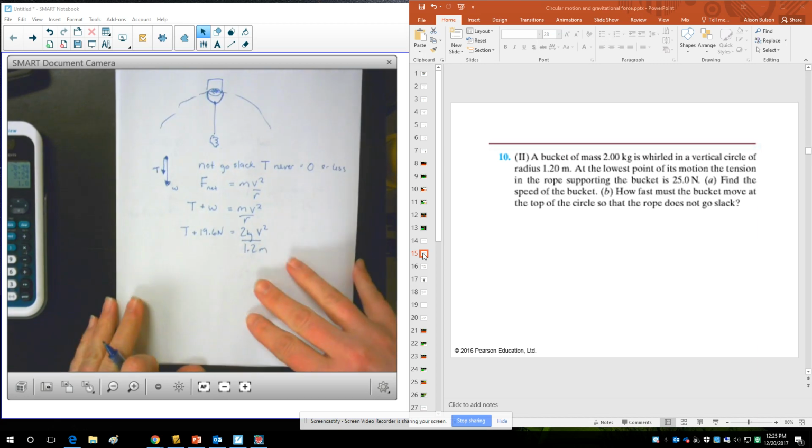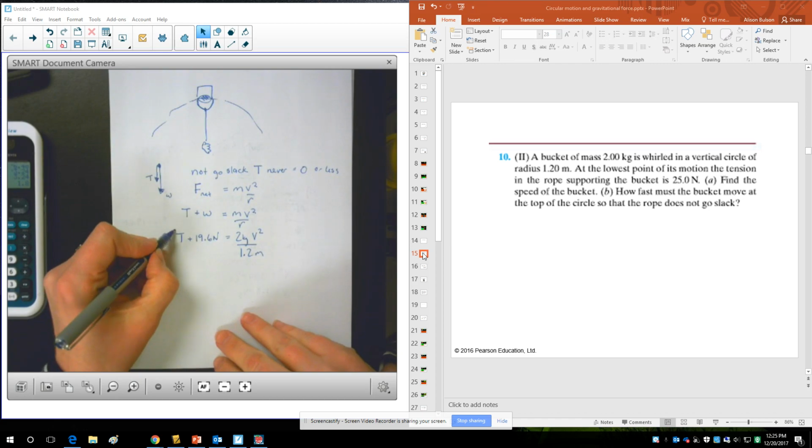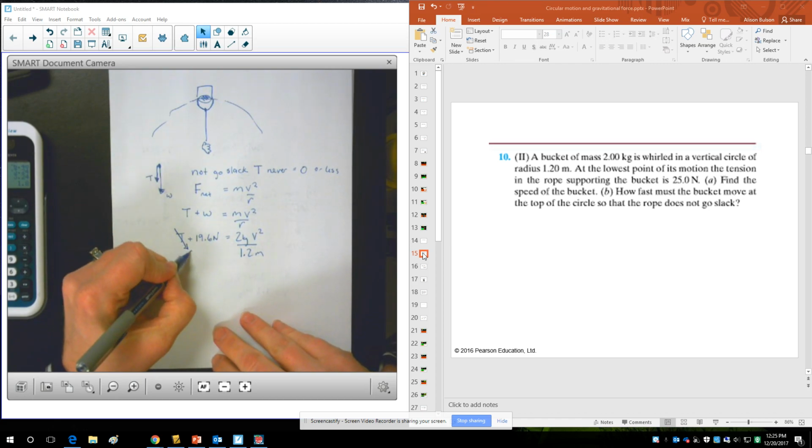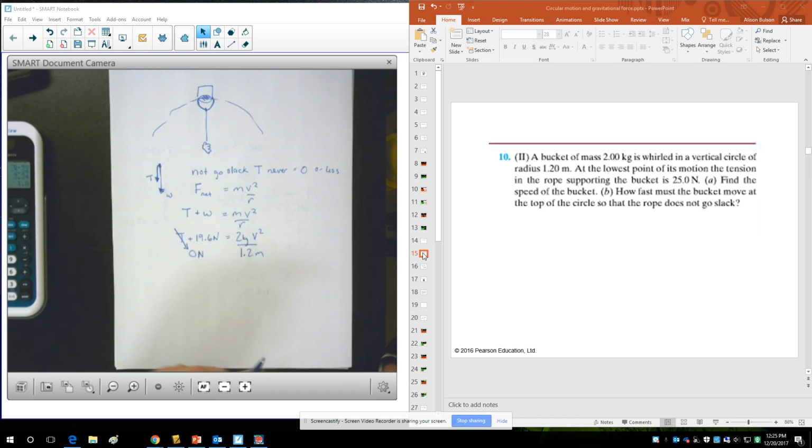So the limit then, as the rope just goes slack, is that the tension in the rope just hits 0 newtons. So our minimum velocity, the velocity that you must exceed in order for the tension to not be 0, is found by setting tension equal to 0. At the speed where tension equals 0, the rope just goes slack, so you must have a speed larger than that.